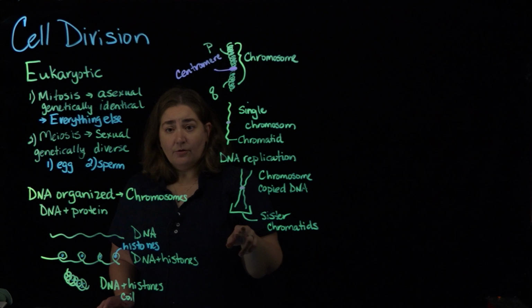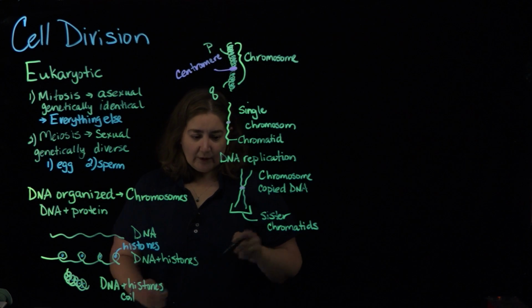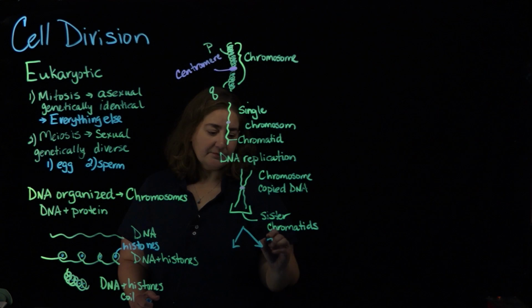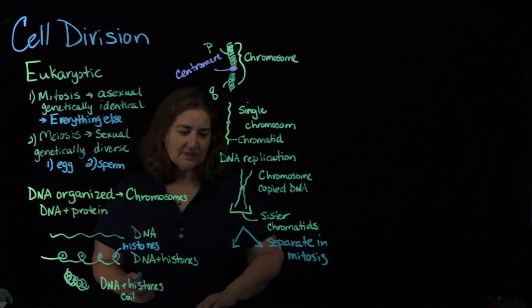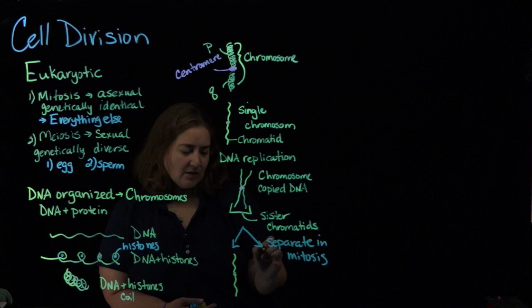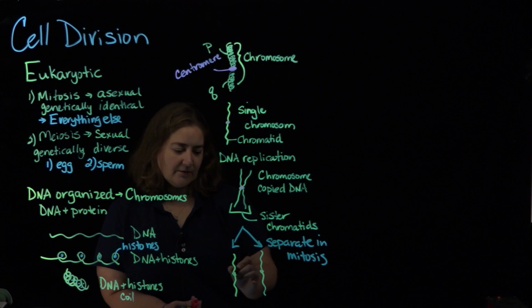When we undergo cell division, when we undergo mitosis, those sister chromatids will separate. And you're going to have one chromatid go to one daughter cell, one chromatid go to the other daughter cell.